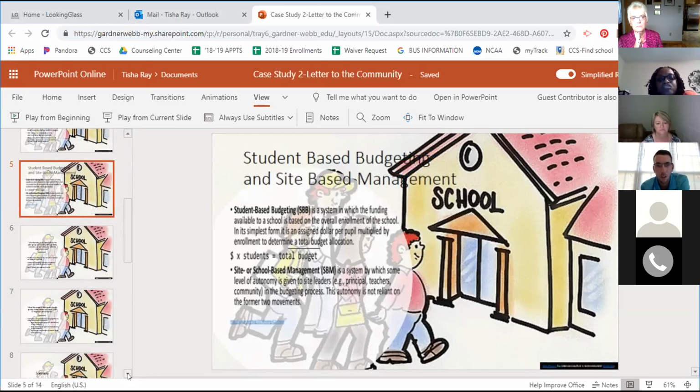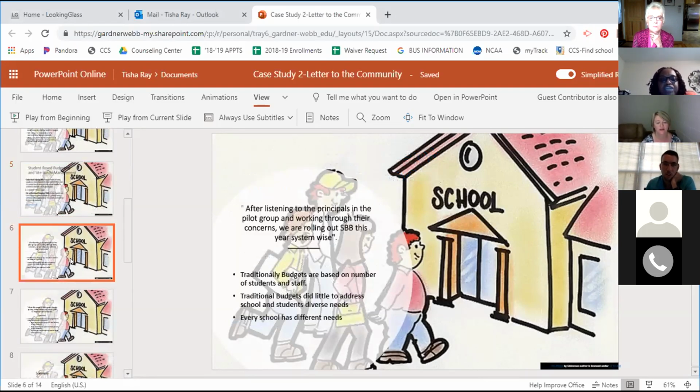Whereas site or school-based budgeting or management is a system by which some level of autonomy is given to site leaders, in other words, the principal, teachers, and community, in the budgeting process. This autonomy is not reliant on the former 2 movements, so it's not reliant upon the number of students and the needs at the school. So that was one of the things we were kind of confused about, but continuing on.